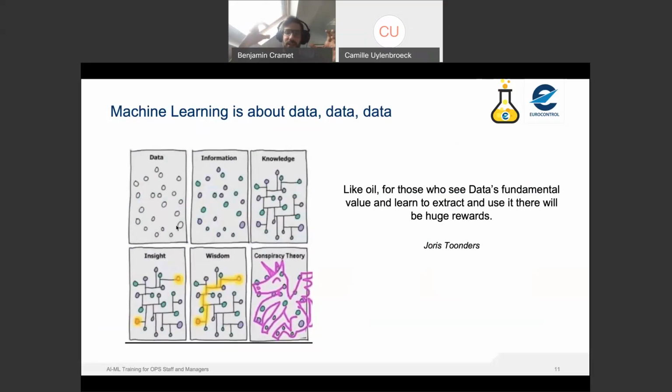Insight is when you can deduce things from the information. Wisdom is when you make the connection between the dots. So it's really that the goal of an AI project is to connect the dots between separate data, between large amounts of data, etc. And the goal of conspiracy theory is to see unicorns everywhere, but that's the subject of another training.